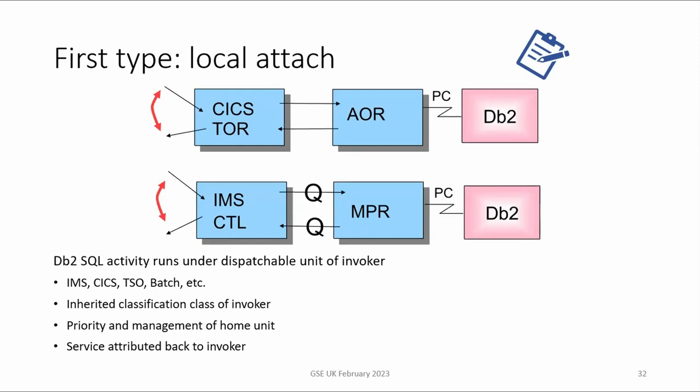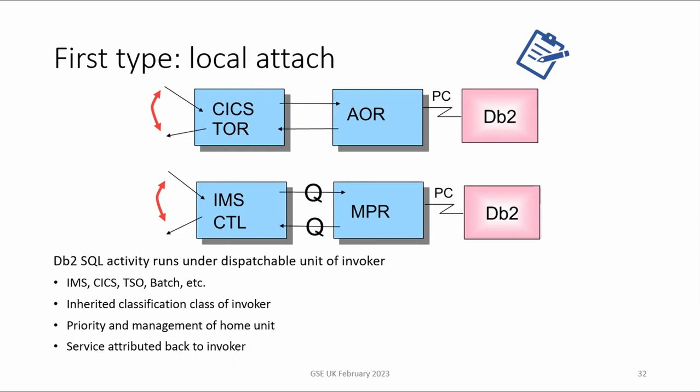The workload coming into CICS or IMS, and the CICS and IMS address spaces themselves, have gone through the assignment of service classes before ever getting to Db2. So we don't worry about it anymore. We use the same service class that was already defined. So the conversation is over, right? Whatever happened there, they have a dispatching priority, and that's what they get when they come into Db2.